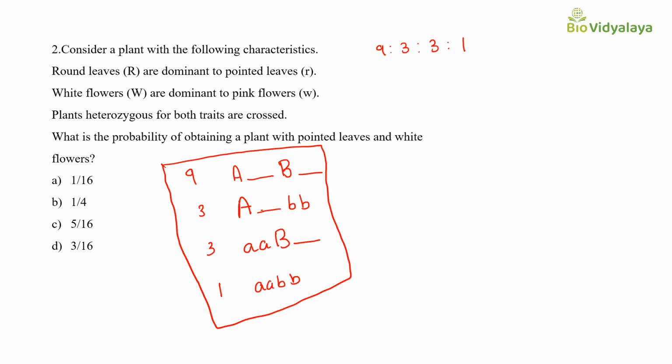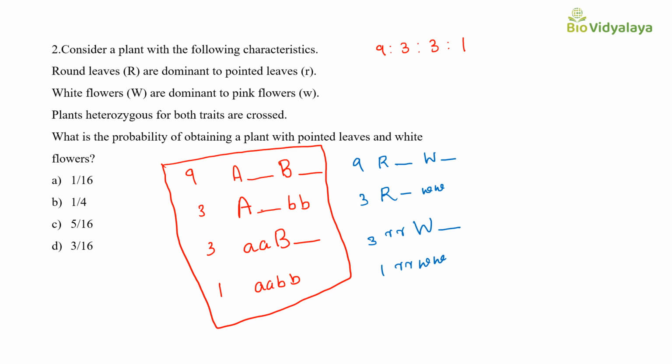Here we can write the general genotype: capital R dash, capital W dash; capital R dash, small w; small r, capital W dash; and small r, small w. Here 9, 3, 3, 1. Okay.